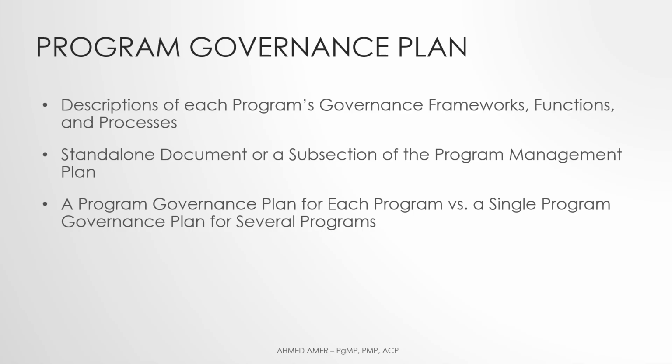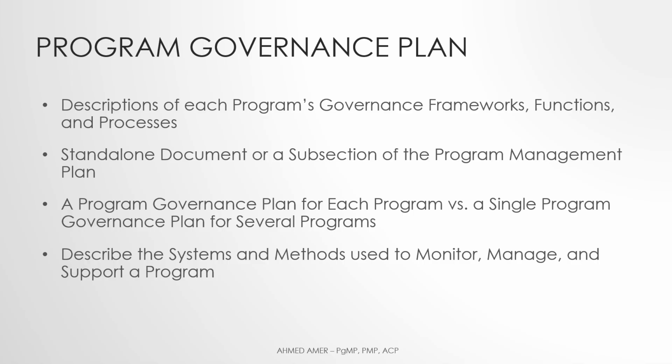Do you remember when we talked about how any program plan is basically just a guide for how everything should be managed and carried out? The program governance plan is there to tell us, program managers, the systems and methods used to monitor, manage, or support any program in the organization.